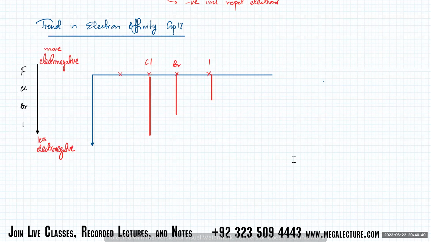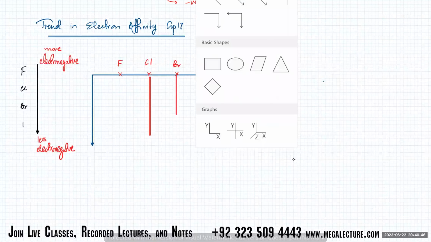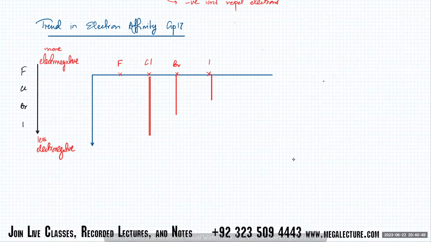And then finally you've got fluorine. Now fluorine is actually an exception. Fluorine actually does not really like to do a lot of work to gain electrons.